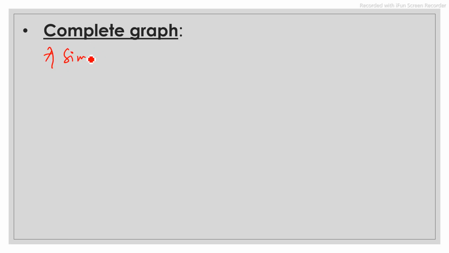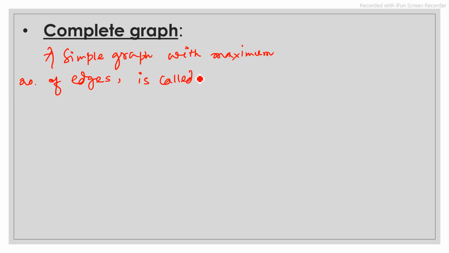A simple graph with maximum number of edges is called a complete graph. It's called complete graph.